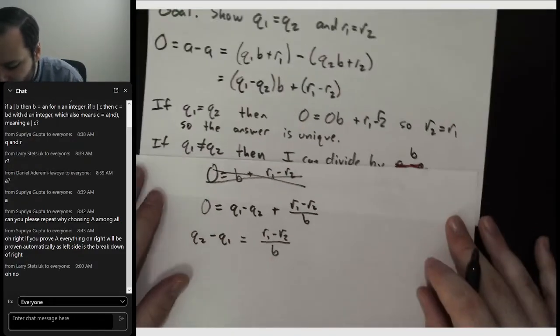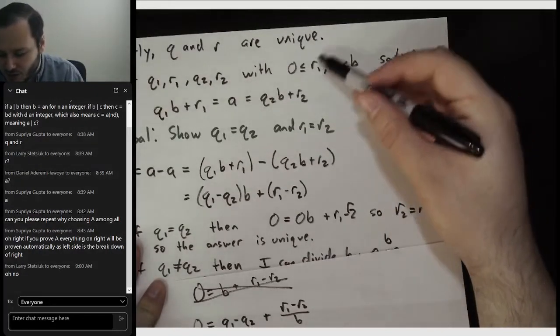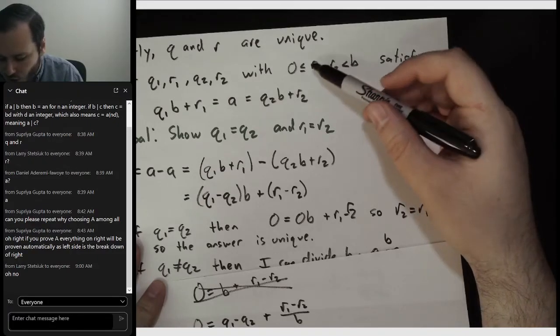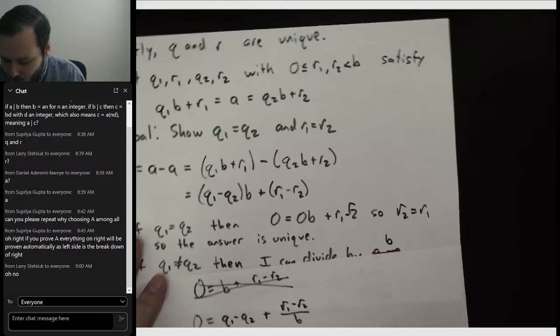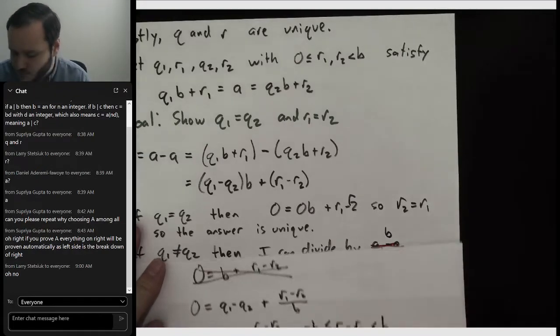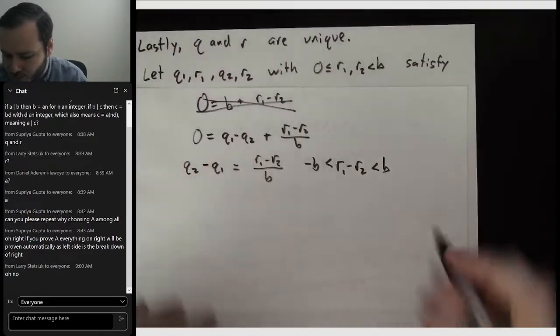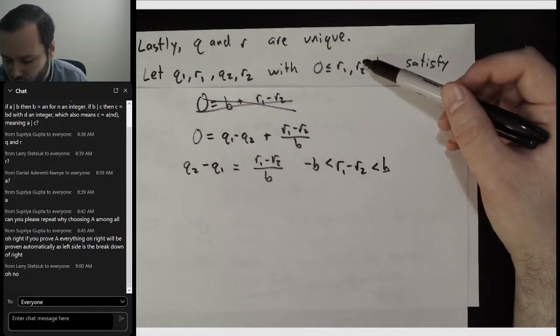This side can't be an integer because R1 and R2, all the way back up here, were both smaller than B. So R1 minus R2, I can't get all the way up to B. R1 minus R2 is stuck between B and negative B. The biggest this could possibly be, R1 could be B minus 1, R2 could be 0.